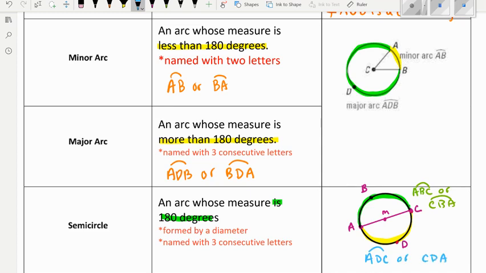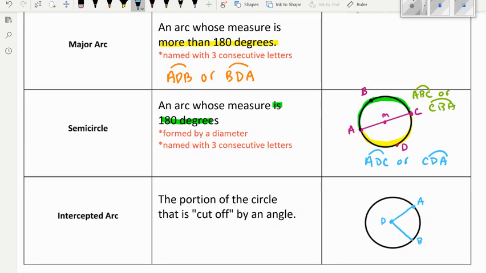So for the next one, an intercepted arc is the portion of a circle that is cut off by the angle. So the intercepted arc here would be right here. So we would say that arc AB is the intercepted arc for angle ADB.